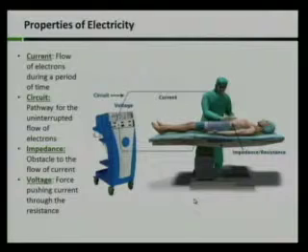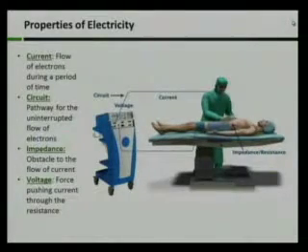The current passes to the active electrode, then to the patient, is dispersed through the patient back to the grounding pad, and then finally returns to its source, the ground, the electrosurgical unit. So this whole thing is your circuit, and you need a complete circuit to have flow of electrons.